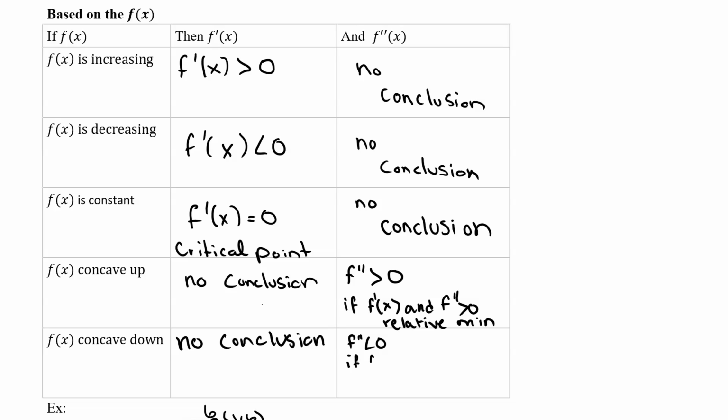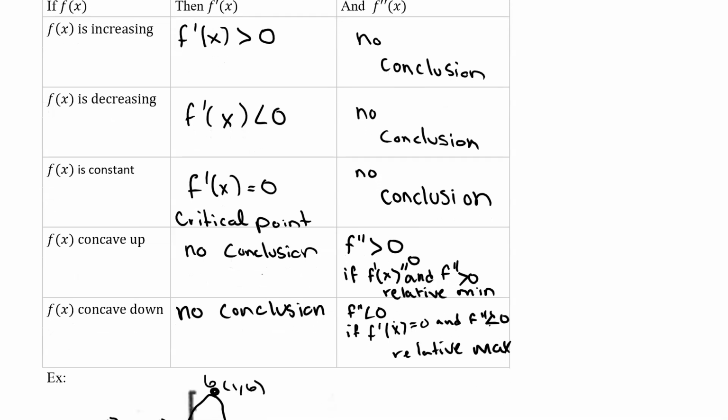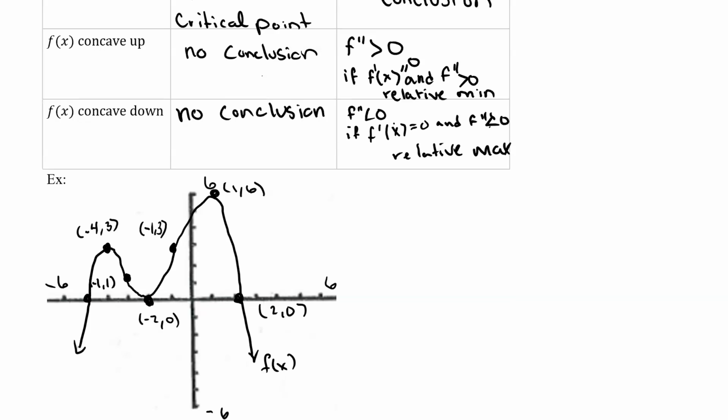If f prime is equal to 0, I should have put that there, and f double prime is less than 0, we've got a relative max. Right. So those are some conclusions we can draw based on the original function.